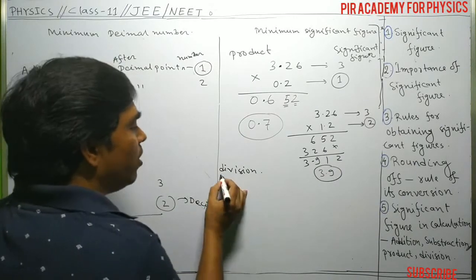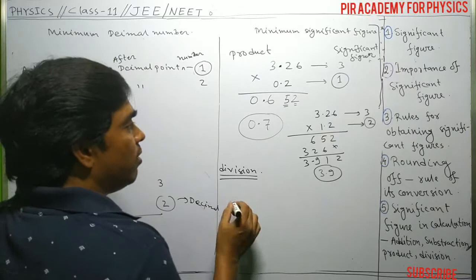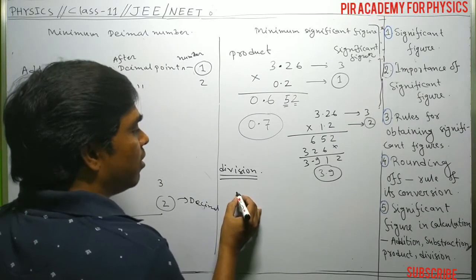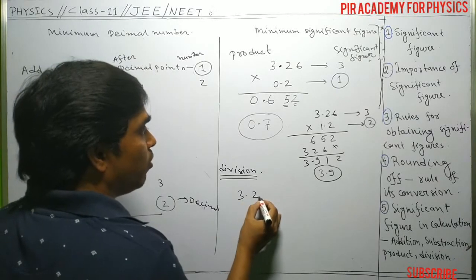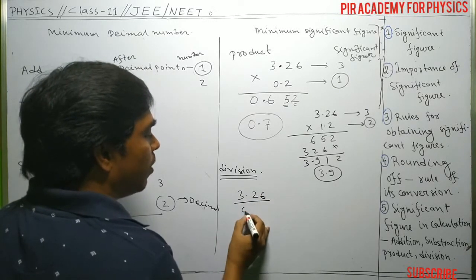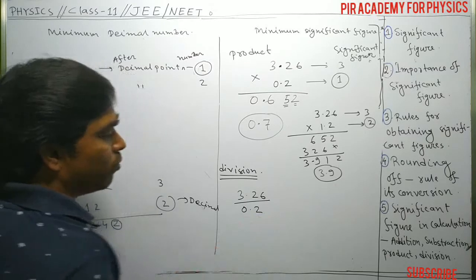Now, what is division? Division follows the same rule. Suppose 3.26 divided by 0.2.